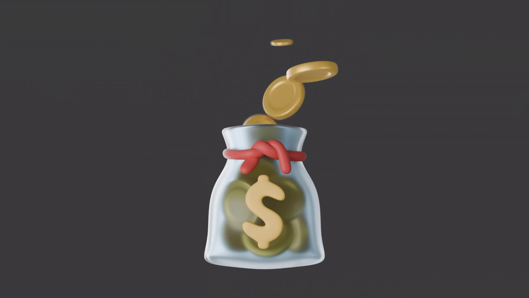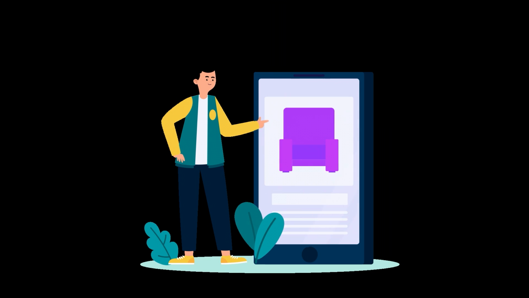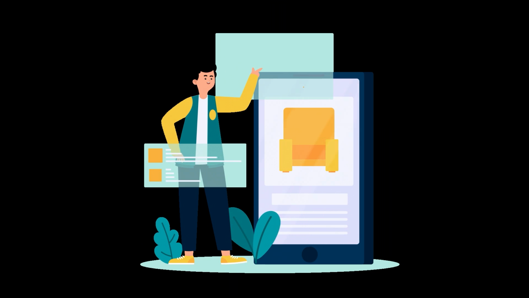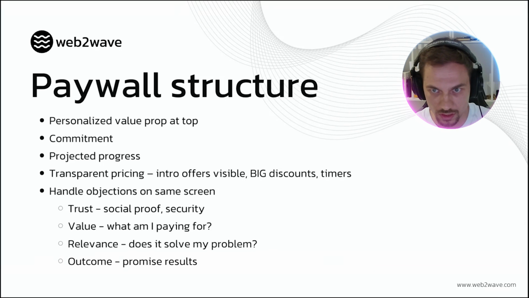We have to put everything that we have in front of the user, so they will understand what the product will look like, what they will get, what the payment terms are. Basically, they have a lot of other questions in their head. So the structure should start with the value that we are giving to the user.